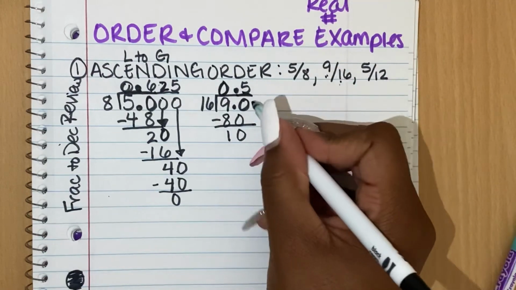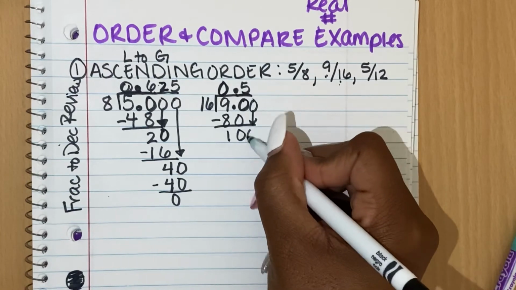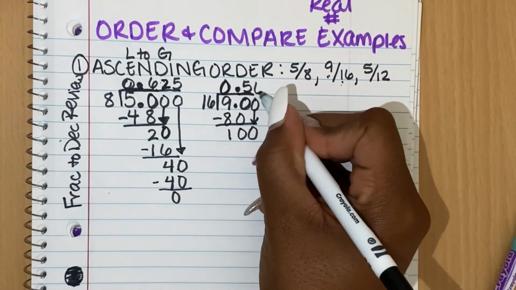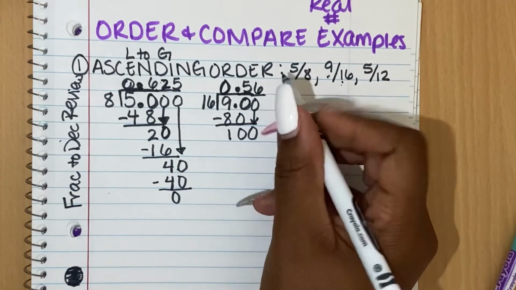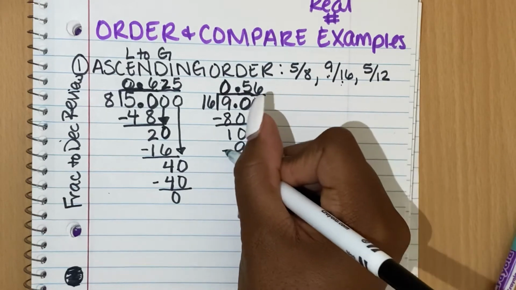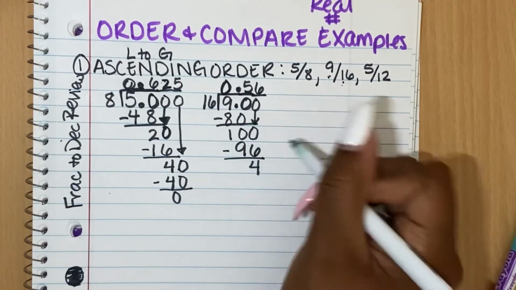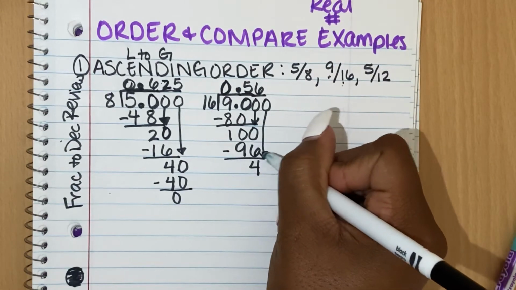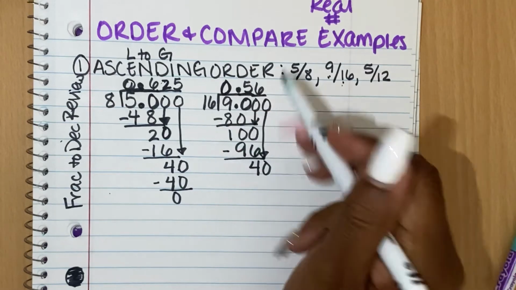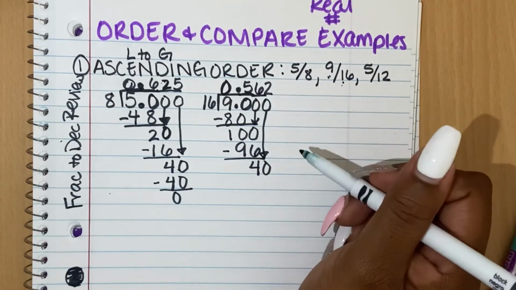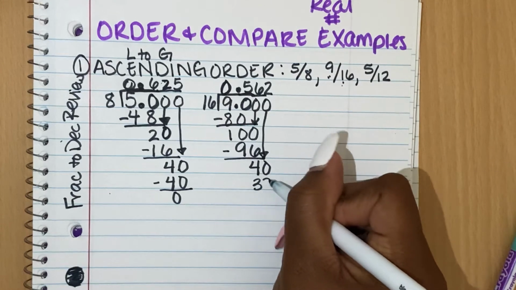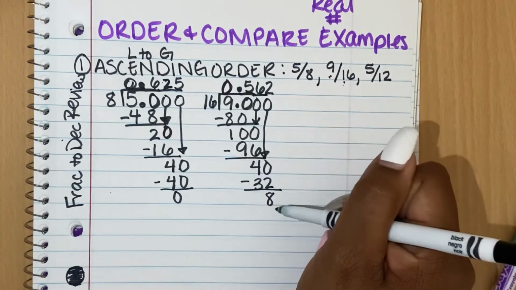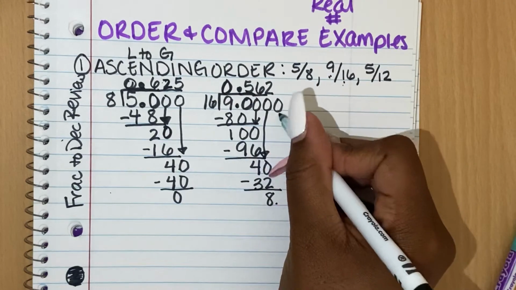16 cannot go into 10, so we add a 0. Bring it down. 16 can go into 100 6 times, because 6 times 16 is 96. When I subtract, I get 4. 16 cannot go into 4. Add a 0. Bring it down. 16 can go into 40 2 times, because 2 times 16 is 32. 40 minus 32 is 8. 16 cannot go into 8, so we add another 0.